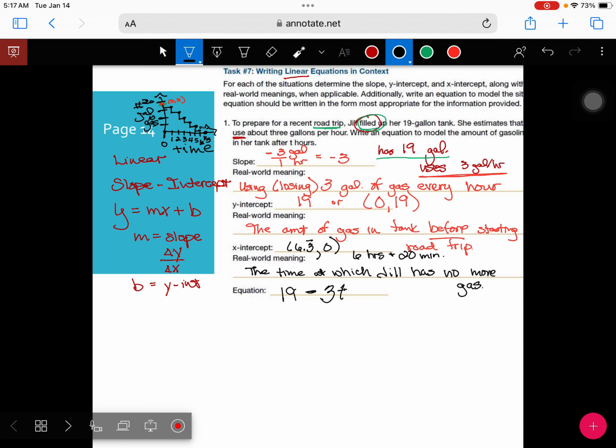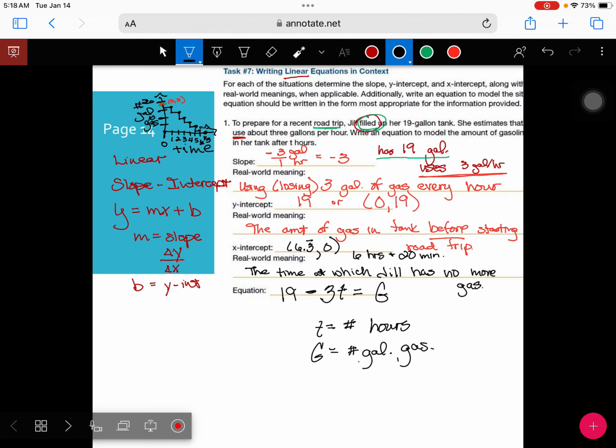Losing 3 gallons in the time of an hour, which you can change to be 1 hour, 2 hours, 3 hours, etc. And that tells you the number of gallons of gasoline that she has left after how many hours. So T is equal to the number of hours, and G is equal to the number of gallons of gasoline she has left after that number of hours.